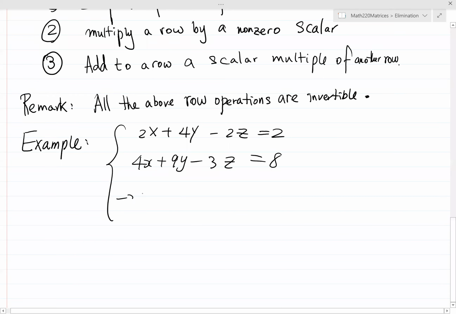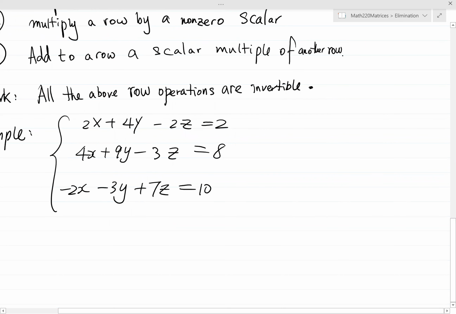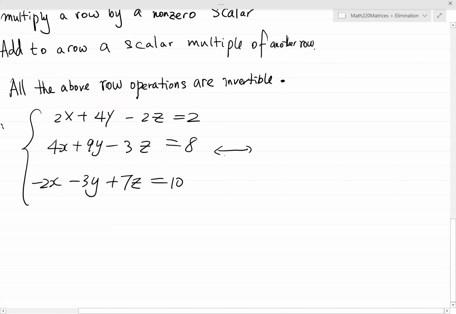Negative 2x minus 3y plus 7z is 10. Now let's see what happens if we write the augmented matrix.